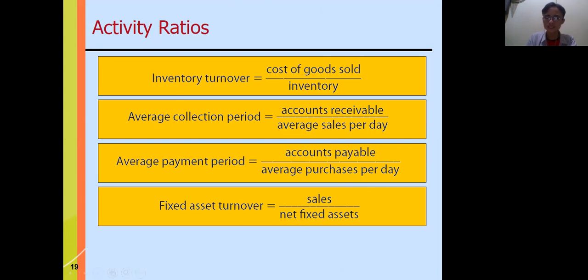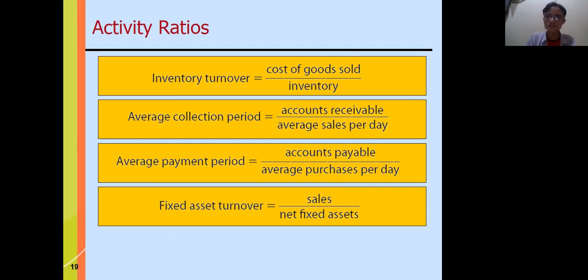If we notice, for turnovers, normally the item above would be the sales or the income portion, and the lower part would be our respective assets or our turnover items. So if we say inventory turnover, the denominator is inventory. Fixed asset turnover, the denominator is net fixed assets.